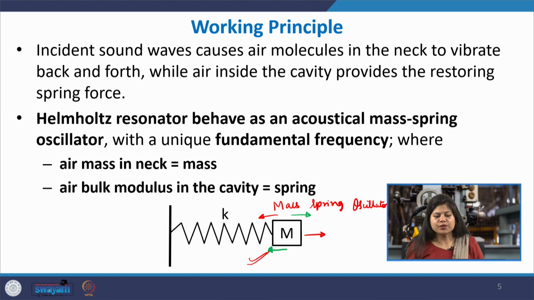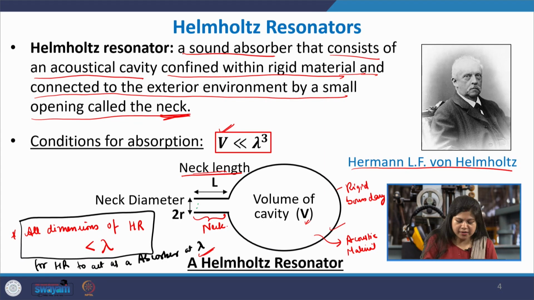So here also, this Helmholtz resonator acts like a mass spring oscillator. Here, all the air particles present in the neck of the cavity, and their mass, are the molecules which are vibrating back and forth, and this back and forth vibration is being resisted by the compressed air molecules in the confined cavity.